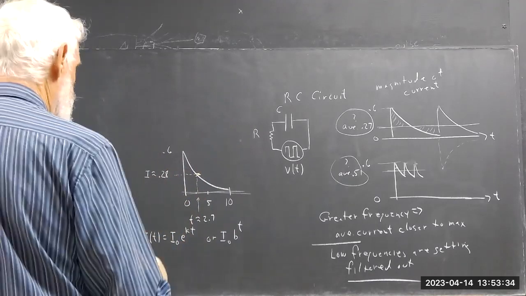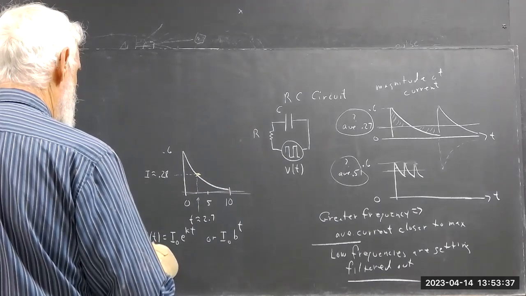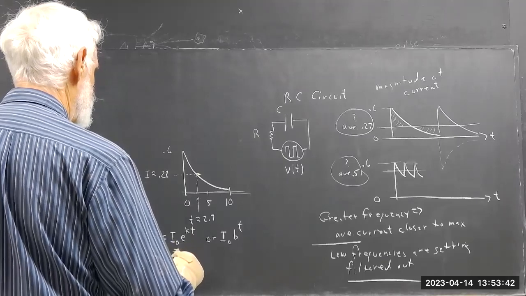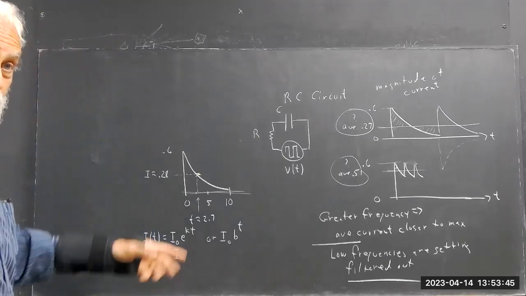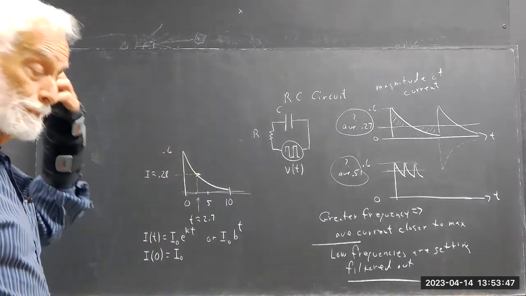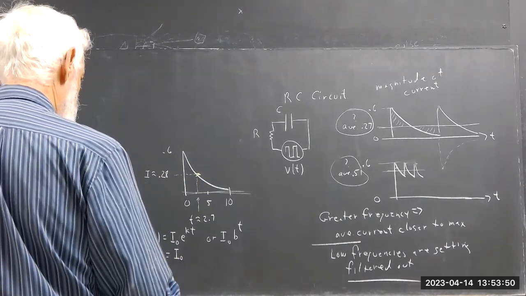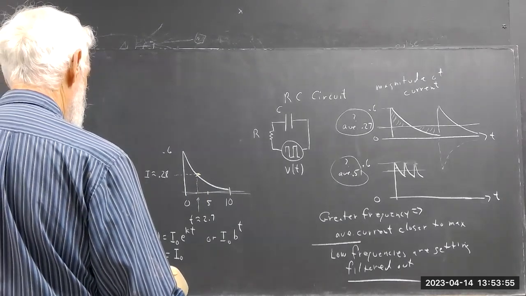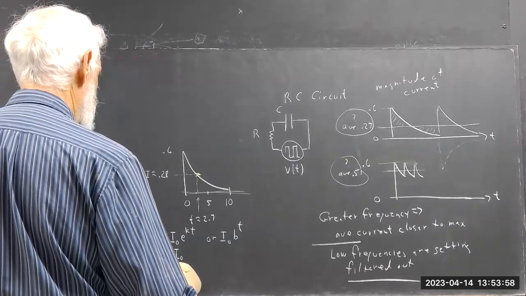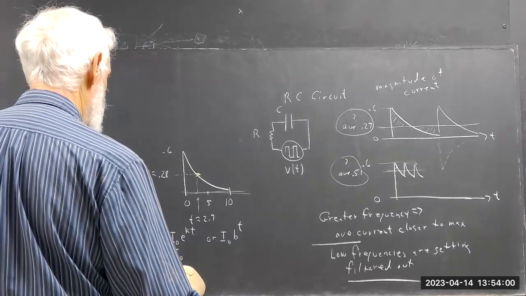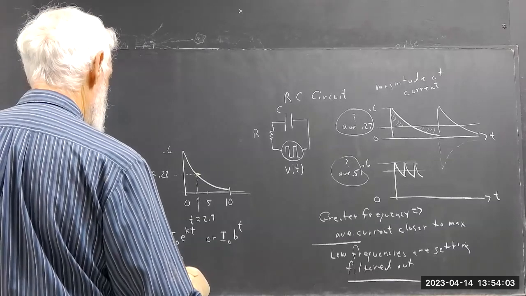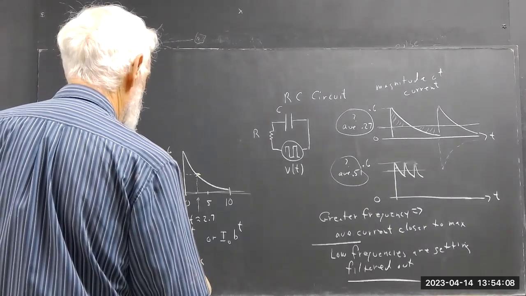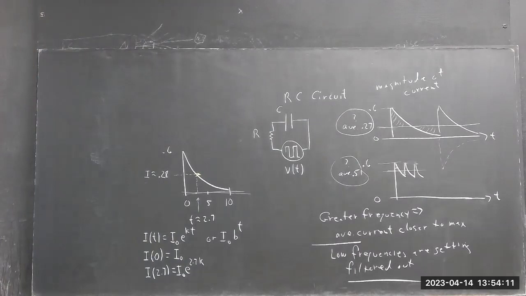So what we have then is I of 0. Well, actually, it's going to be I naught because t is 0, e to the 0 is 1. So it makes it fairly easy. And I of 2.7 equals I naught e to the 2.7k.